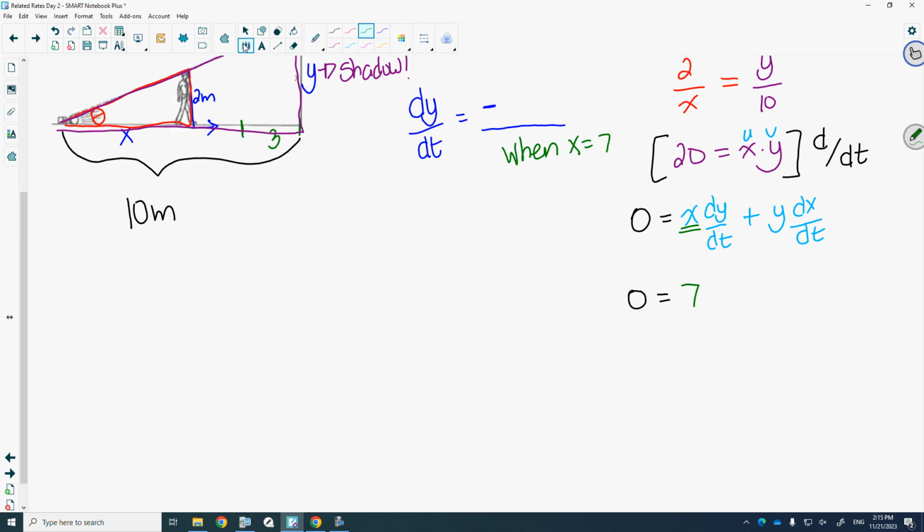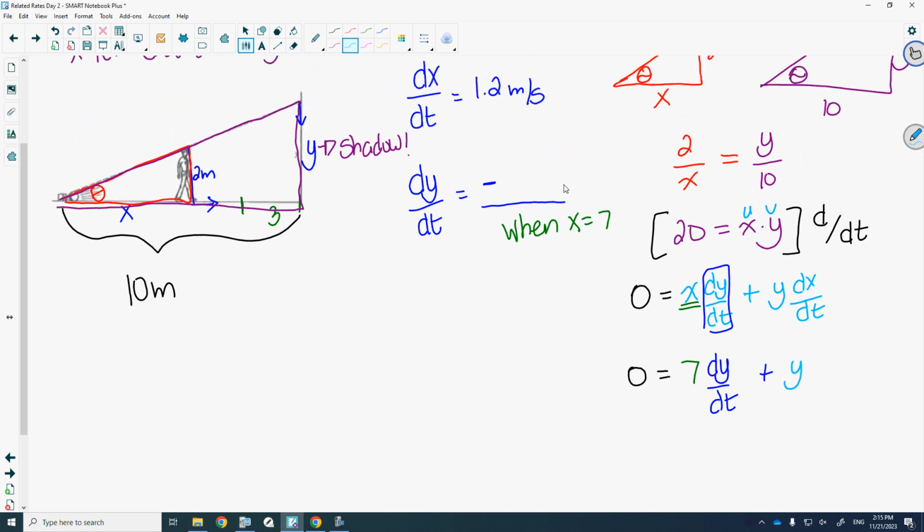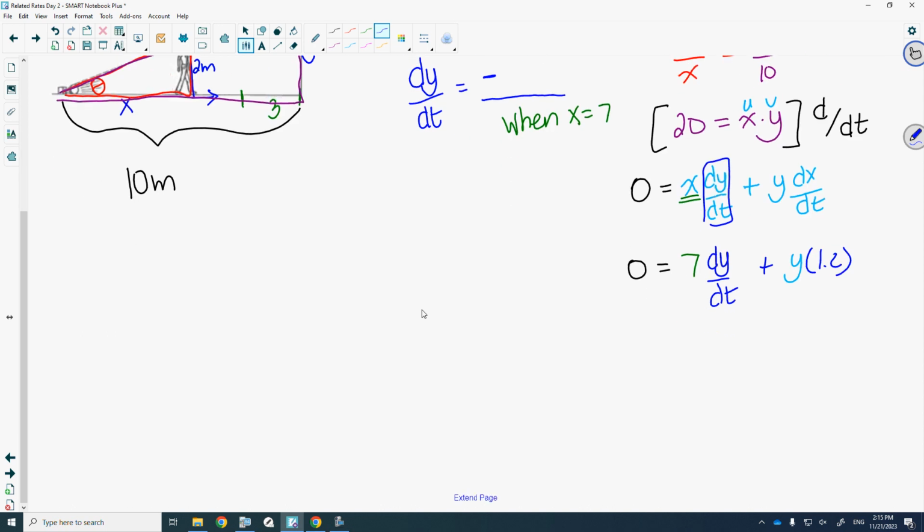Okay, dy dt, that's what I'm looking for, right? So that's good that I don't know what that is. Plus y, so I'm just going to put that down for a second. Dx dt, I know what dx dt is. Dx dt is 1.2.